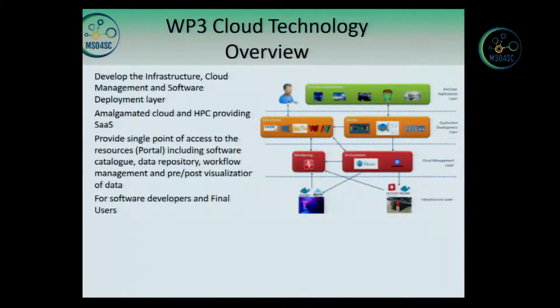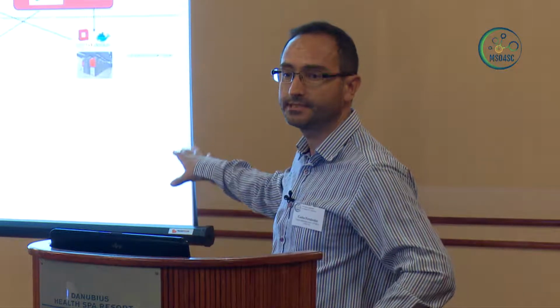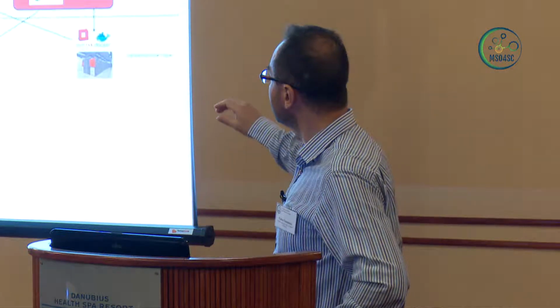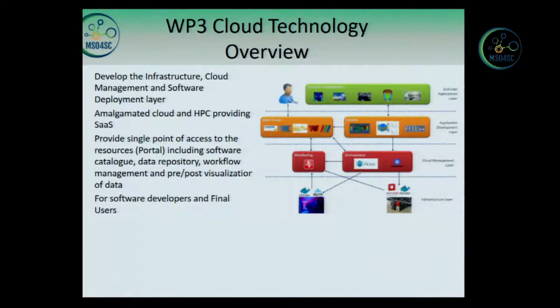So in WP3 we are working on the cloud technology, and as Javier Nieto mentioned, what we are trying to develop is the connection between the bottom of this slide, the infrastructure layer, where we have the machines, the hardware, and so on, and the top of this slide, that is the developers and also the final users.